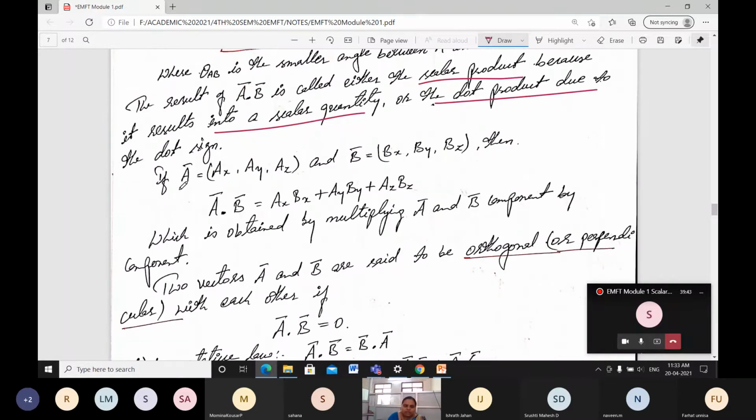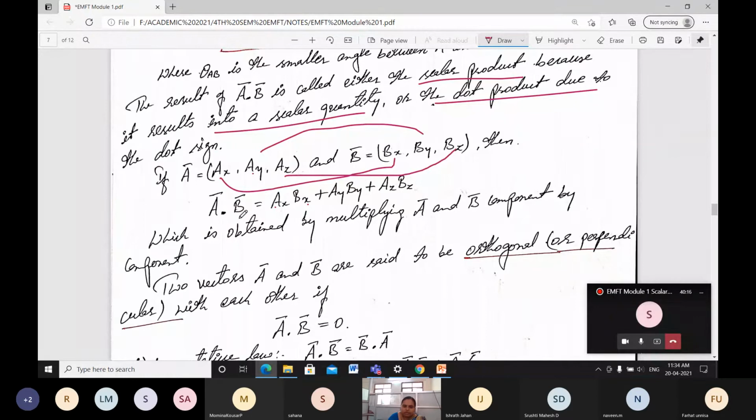Then if vector a has components ax, ay and az, and b bar has bx, by and bz, then I can write the dot product of these two as each component multiplied: ax with bx, plus ay with by, plus az with bz.